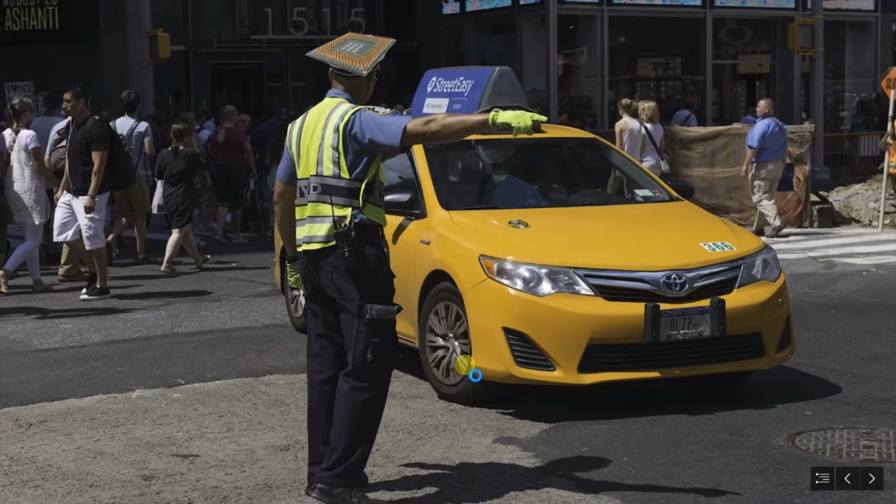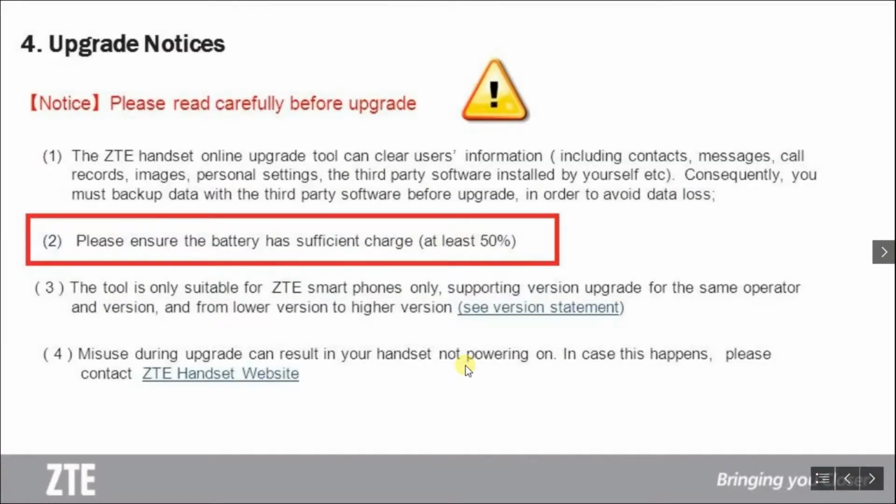So the operating system is nothing but a pre-installed program which is always running on your computer. Without this program, your computer is nothing. That's why whenever you are upgrading your operating system or doing a system update, it always shows a message: please ensure the battery has sufficient charge.